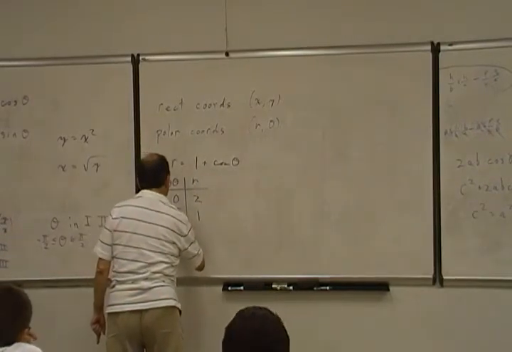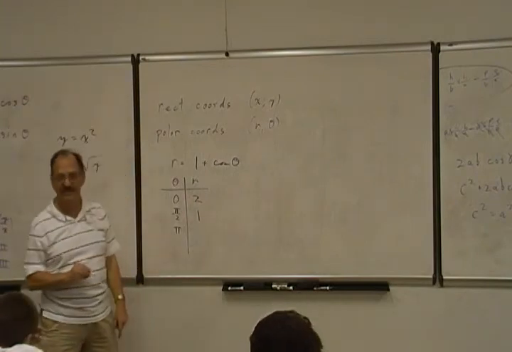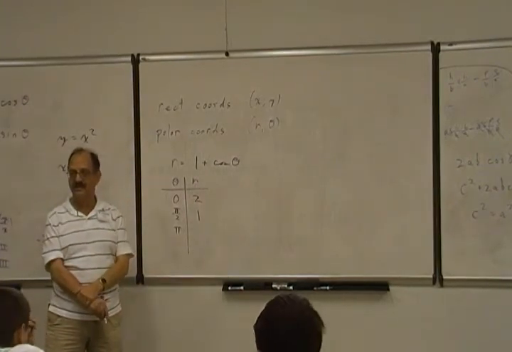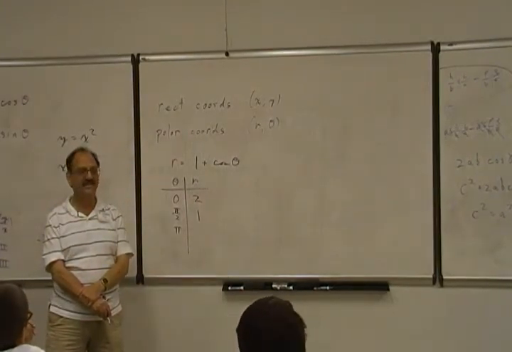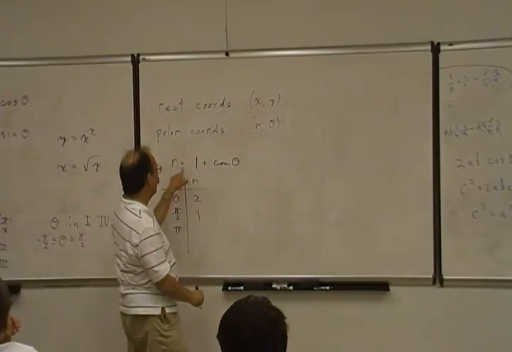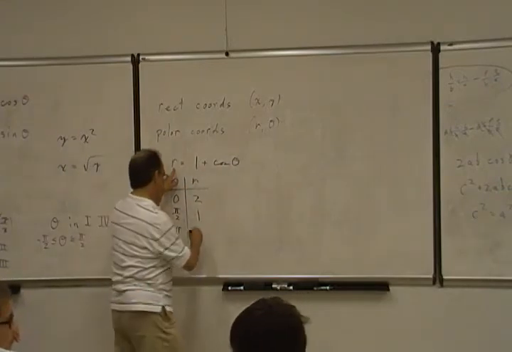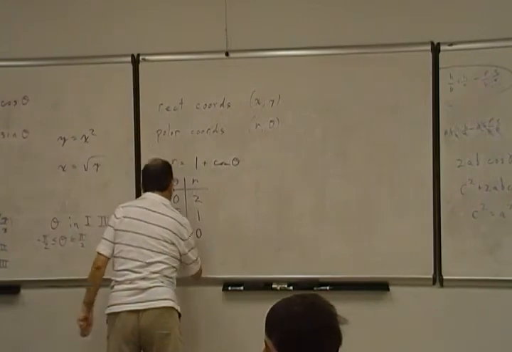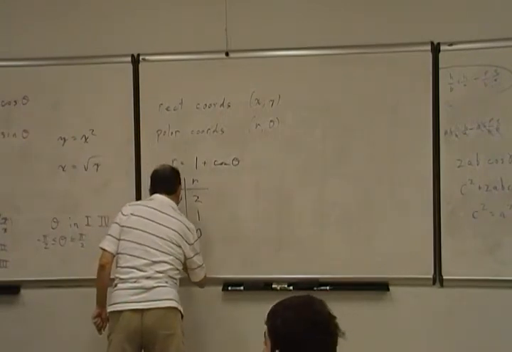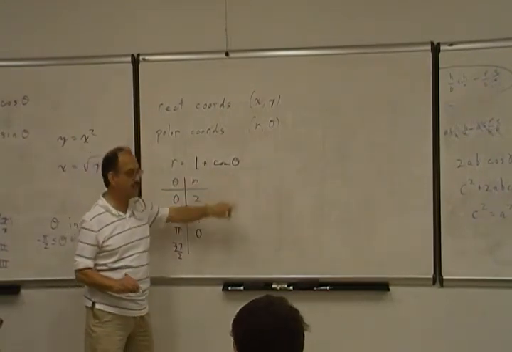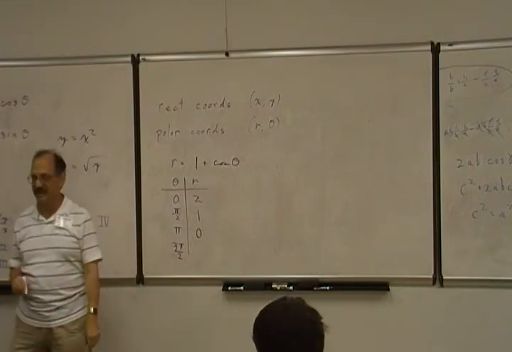Then we go to pi. What's the cosine of pi? Negative 1. So r is 0. Okay, 3 pi over 2. What's the cosine of 3 pi over 2?